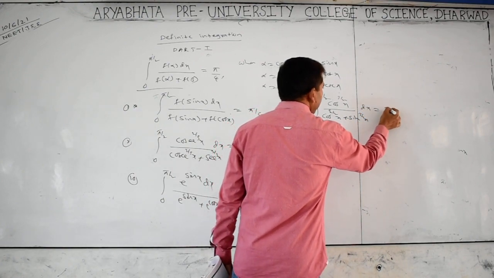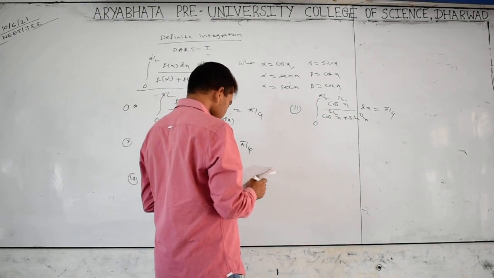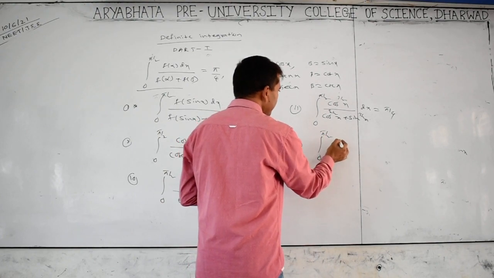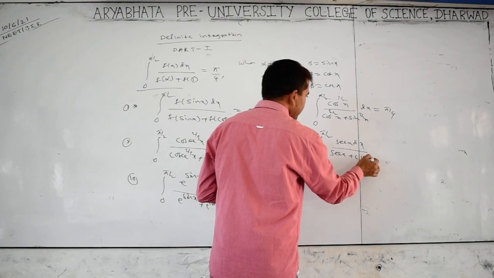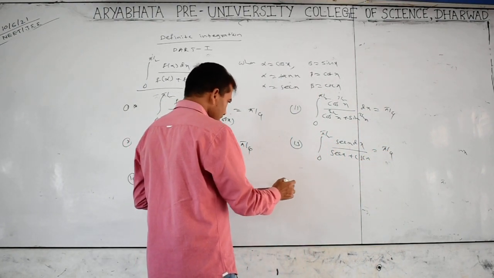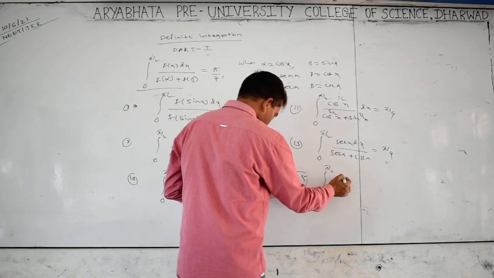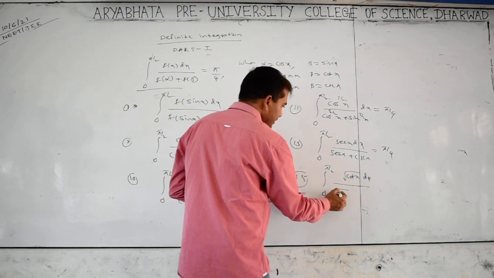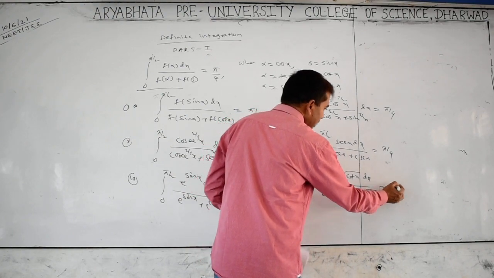The answer is pi by 4. Cos sin. Next, 13th question, 0 to pi by 2 sec x dx by sec x plus cosec x. The answer is pi by 4. Next, 15th question, 0 to pi by 2 root of cot x dx by root of tan x plus root of cot x. The answer is pi by 4.